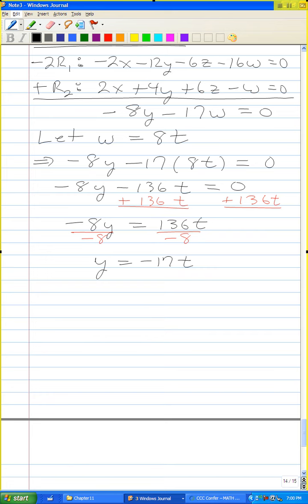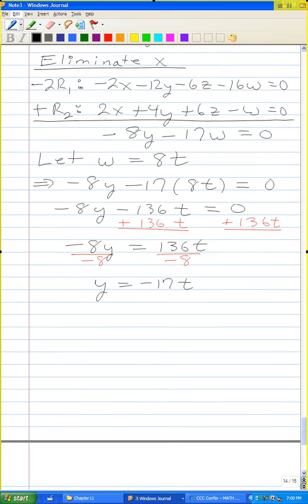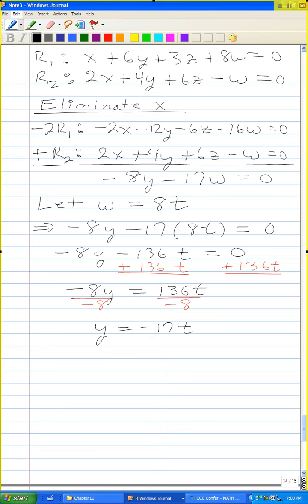Okay, so let's figure out what x is. I'll go to R1. By the way, this is going to be a two-parameter family of solutions, not just one parameter.